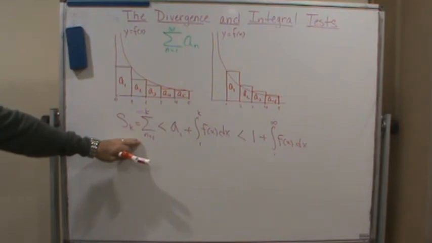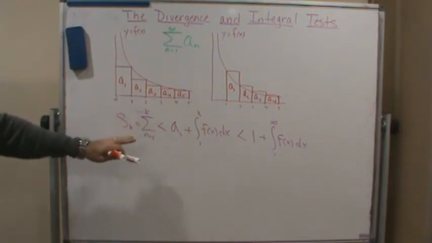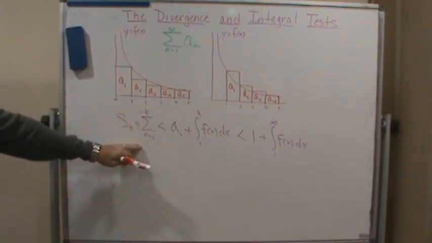And since the sequence of partial sums is an increasing sequence, if it is also bounded, then by the monotone convergence theorem, it converges.